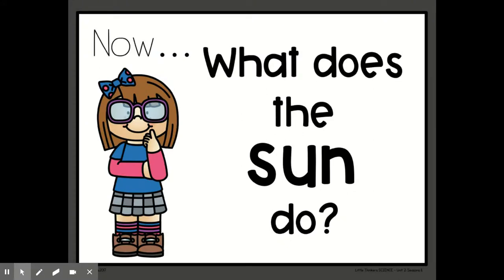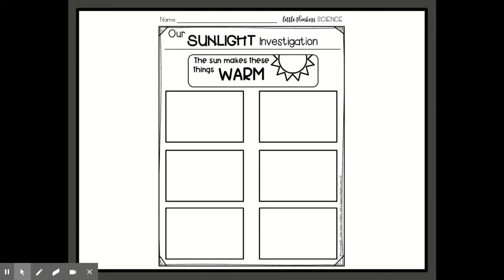So now, what does the sun do? Right, you might be thinking the sun warms us up, the sun helps us grow things, it helps us survive, it changes the weather. So now I want us to talk about the sun. I want you to think for a moment. The sun makes these things warm.